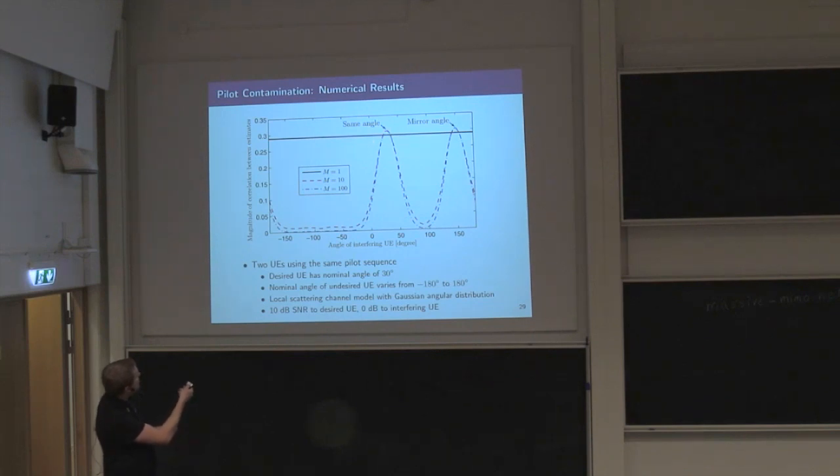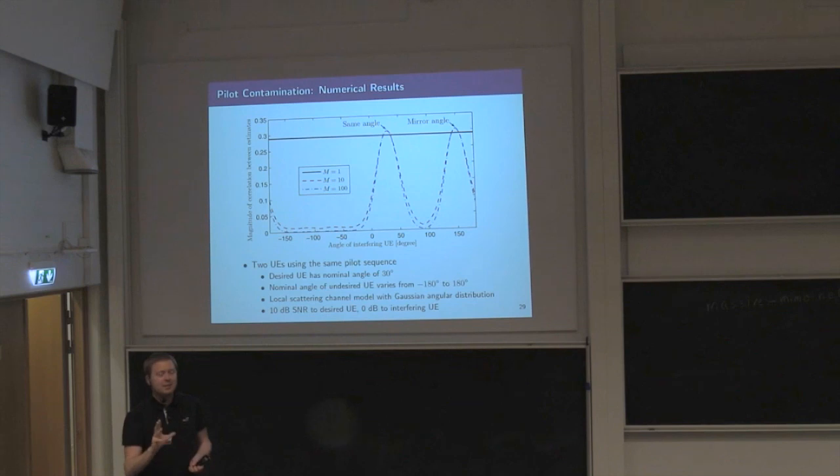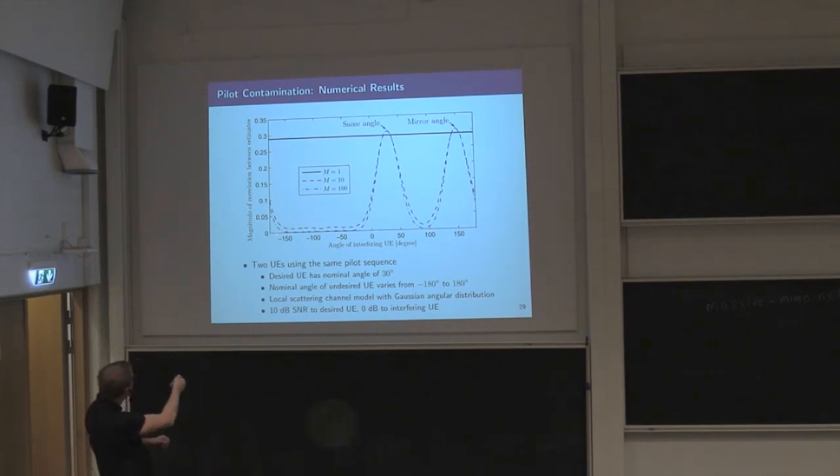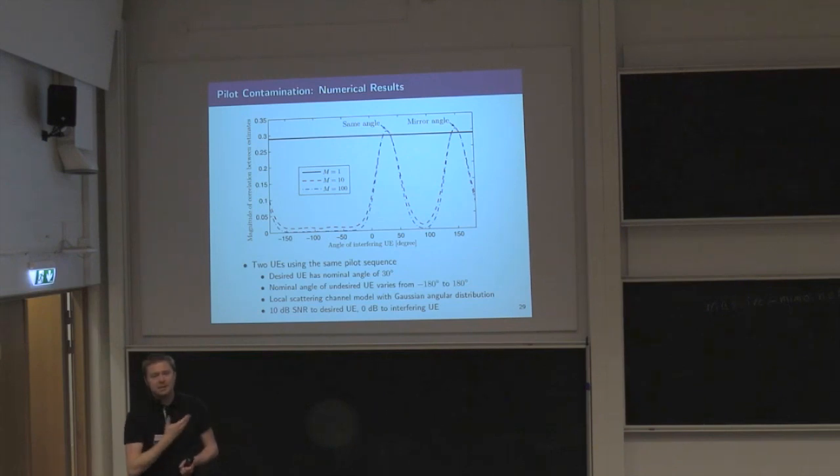But the important thing is that when they have the same angles, meaning that they have very similar covariance matrices, then the correlation between the channel estimates is large. And when they have very different angles, meaning that the covariance matrices are very different and lie in different subspaces, well, then we have almost no correlation between them, even if the math says that we should have something.